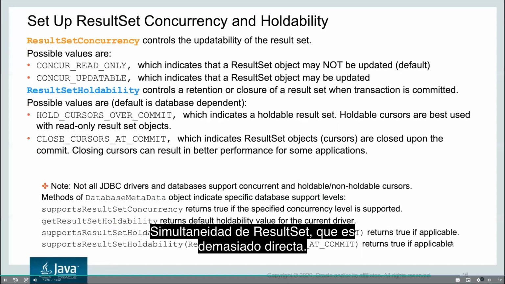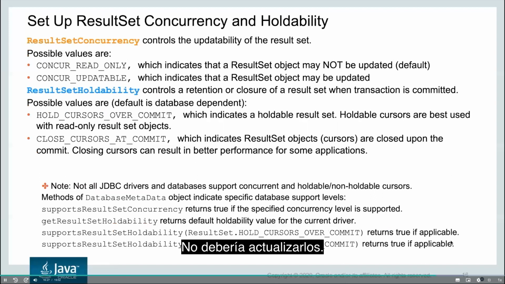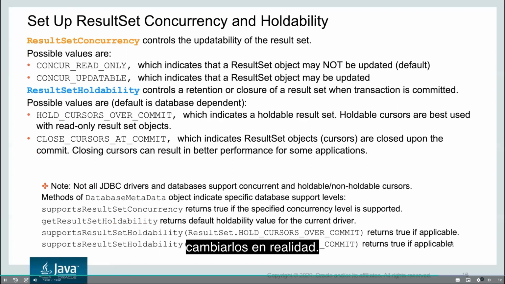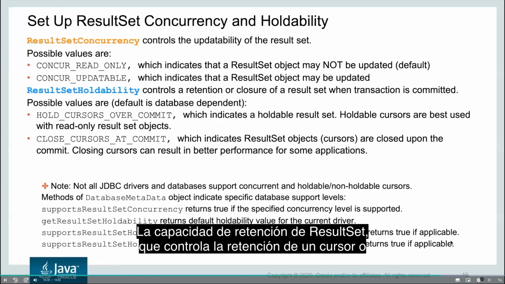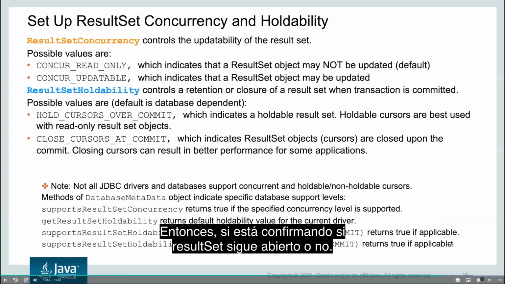Result set concurrency, that's pretty straightforward. It could be concurrent read-only or concurrent updatable. If it's concurrent read-only, which is default, then you just get records, you're not supposed to update them. If it's concurrent updatable, then you get the result set objects and you can actually change them, right? So that's the idea. Result set holdability. That controls the retention or closure of a cursor across the commit. So if you're committing, does your result set stay open or not?